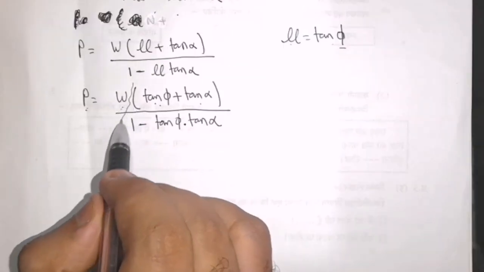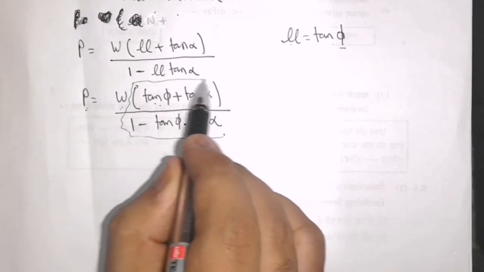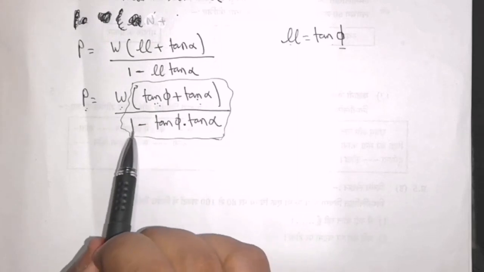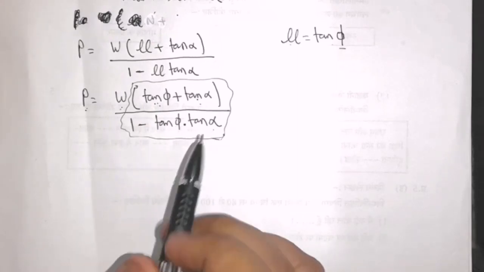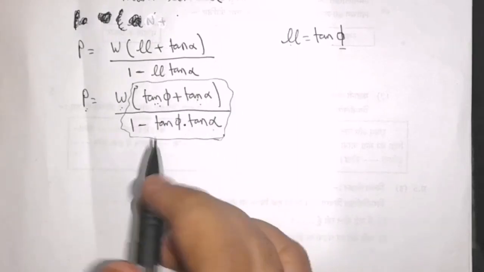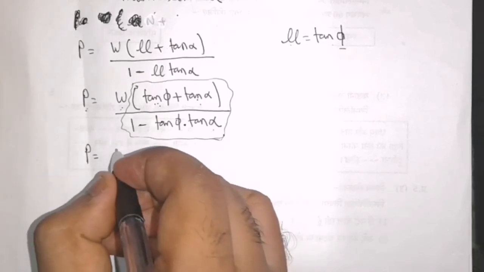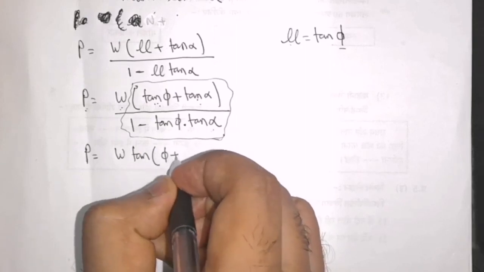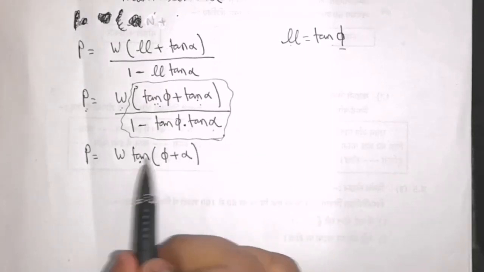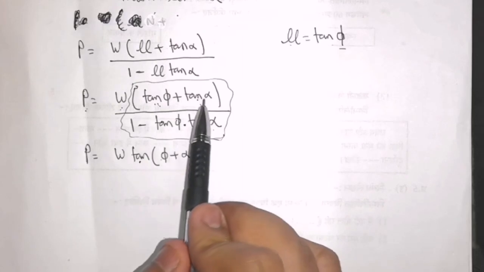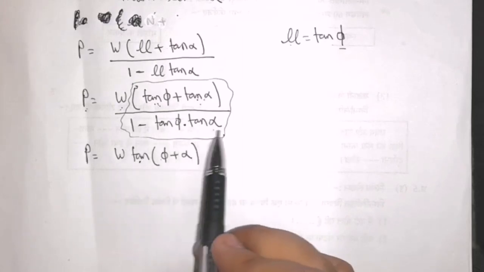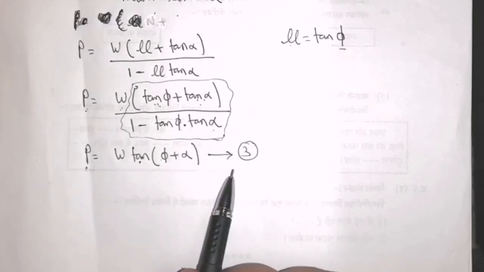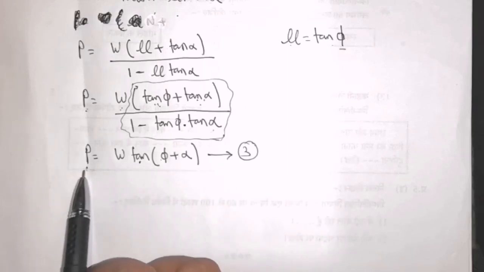If you observe this part of the equation, it is tan A plus tan B upon 1 minus tan A tan B. So this entire term can be replaced, and P is equal to W tan of phi plus alpha. This becomes our expression for the force to be applied to lift the load.